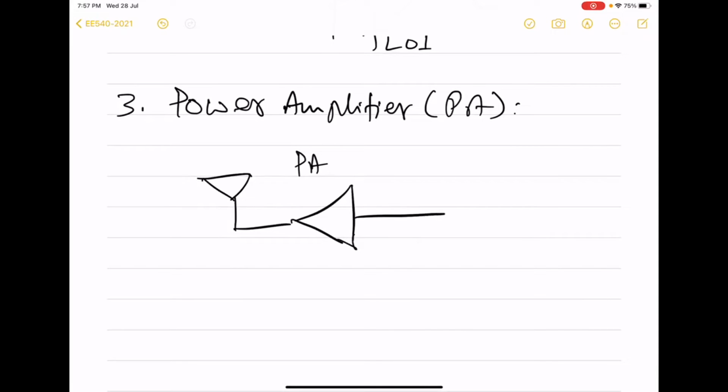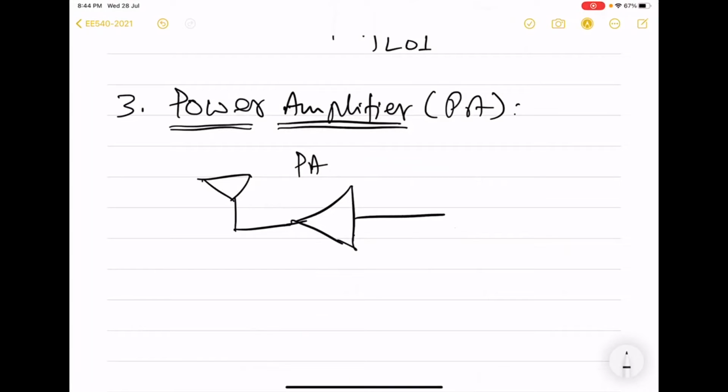So here also we again find that this is fundamentally an amplifier, but we have an adjective power. So it says that the role or the parameter related with this amplifier are going to be different compared with that of LNA.